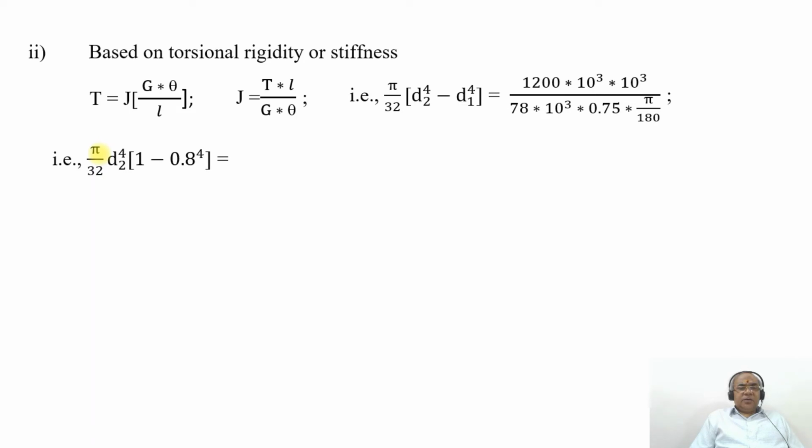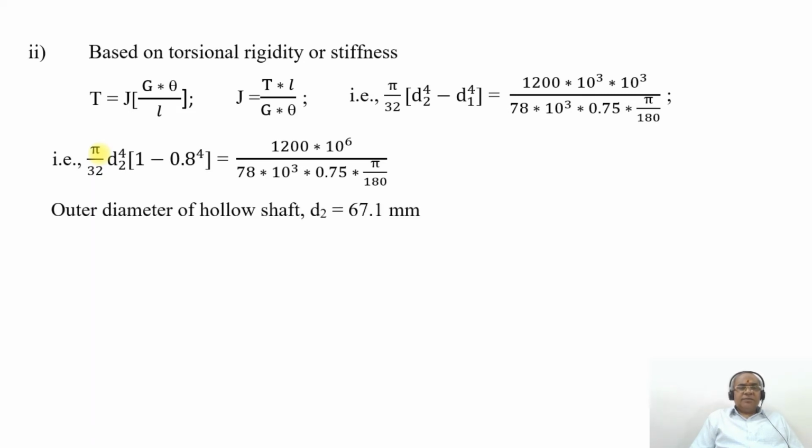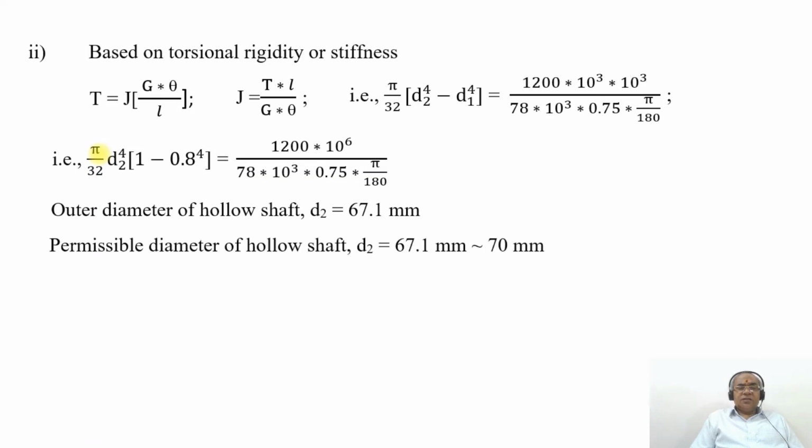That is pi by 32 into D2 to the power of 4 into 1 minus 0.8 to the power of 4, because D1 by D2 is equal to 0.8. On simplification, the outer diameter of the hollow shaft D2 will be equal to 67.1 mm. The permissible diameter of the hollow shaft, that is D2, will be 67.1 mm or approximately 70 mm.